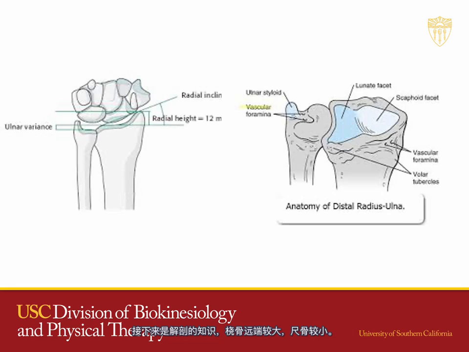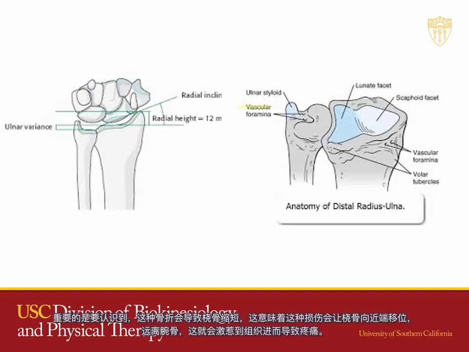So the distal radius is the big bone, right, at the wrist, with the ulna being the smaller bone. And it's important to recognize that with this kind of fracture, you can get what's called radial shortening, which means that with that injury, the radius moves more proximally, so further away from the carpals, which can definitely cause pain and irritability.